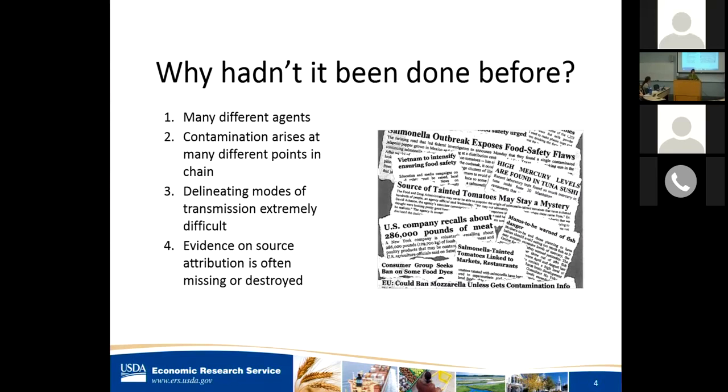Is it food, or is it human-to-human contact? That evidence is often destroyed with latency periods in the infectious process. By the time you figure out that you're sick and are heading to a doctor, you don't remember what you ate. The evidence that the food's been eaten or destroyed. So it's very difficult to get that evidentiary base that's needed.